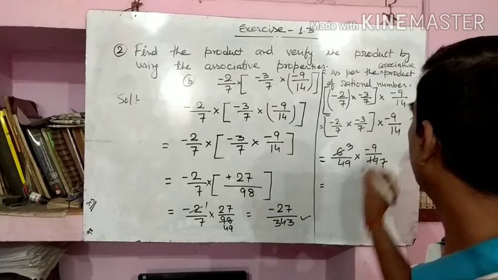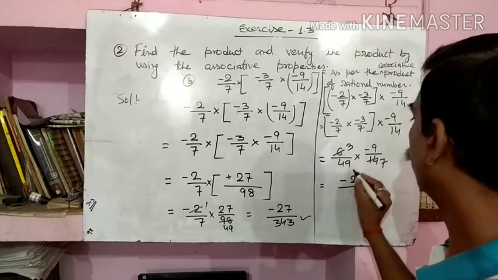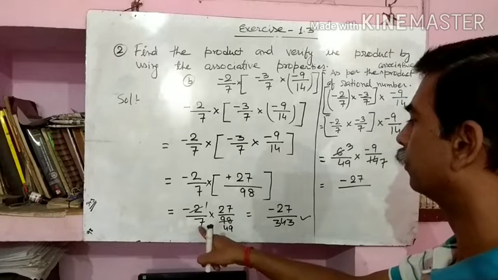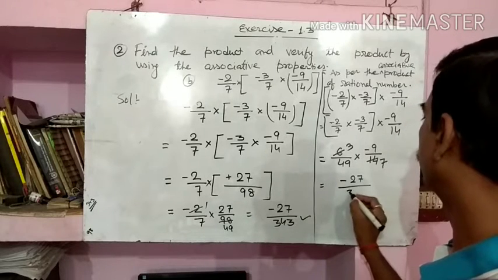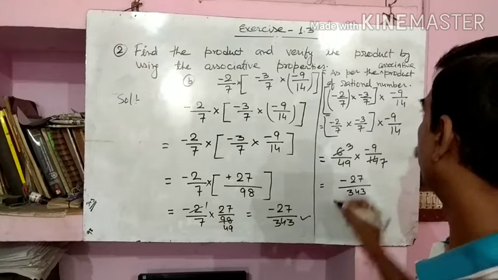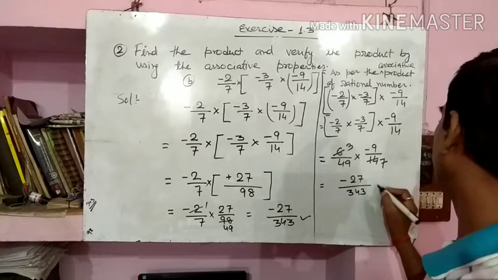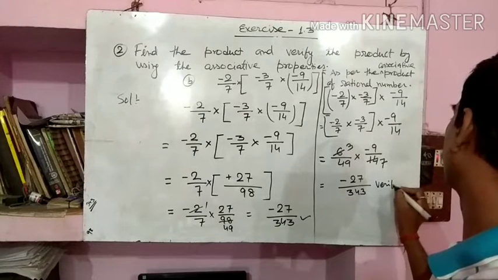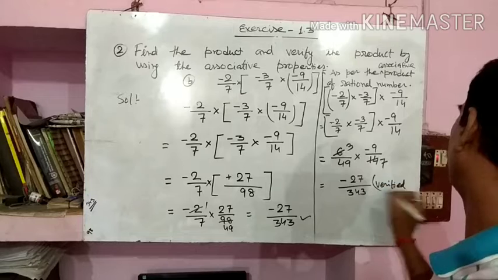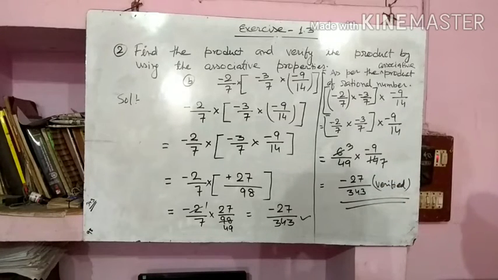So what you will get is minus 27 by 49 into 7, which is 7 into 49, it becomes 343. We find the same product. So you can write that it is verified. Okay, so pause the screen and write it.